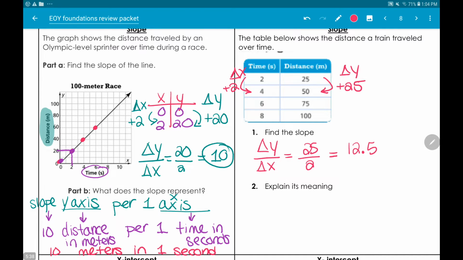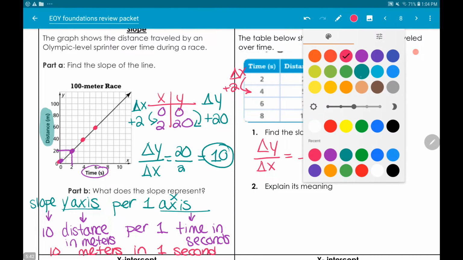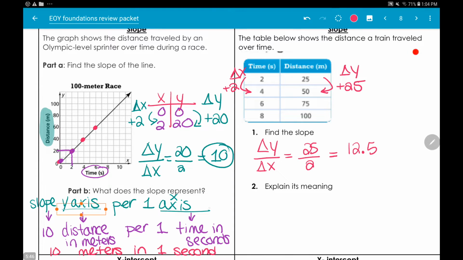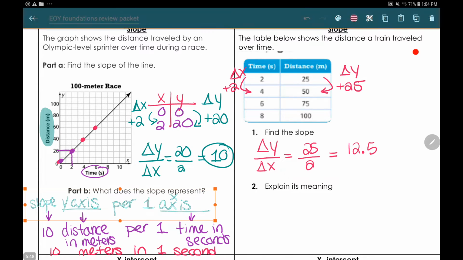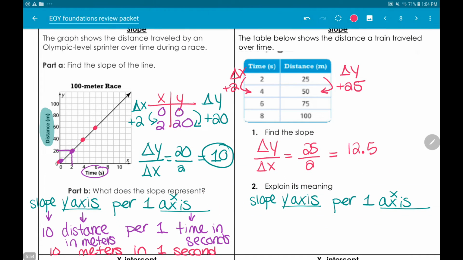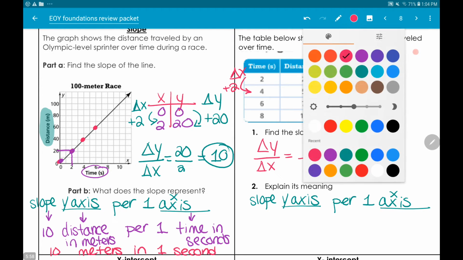Explain its meaning. So same format that we did before. I'm going to copy and paste that. Okay, so what is the slope? The slope is 12.5.